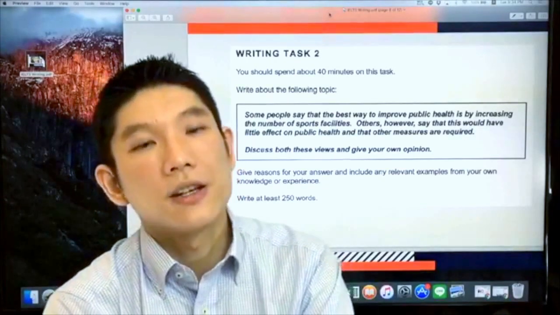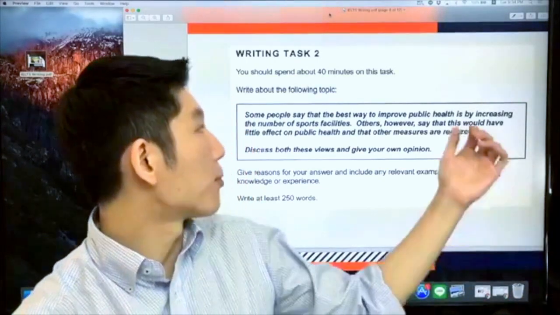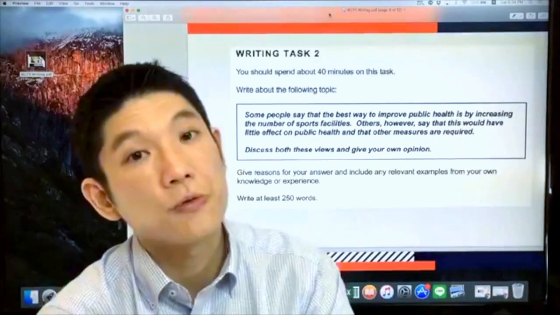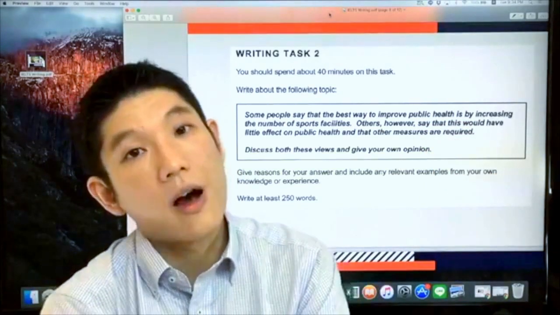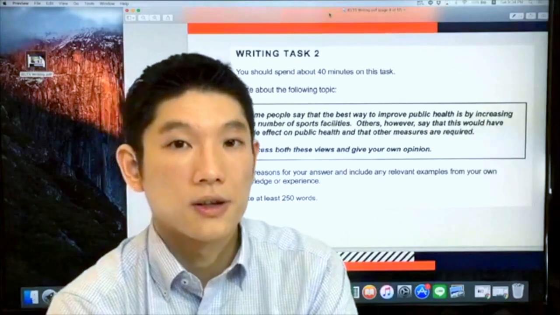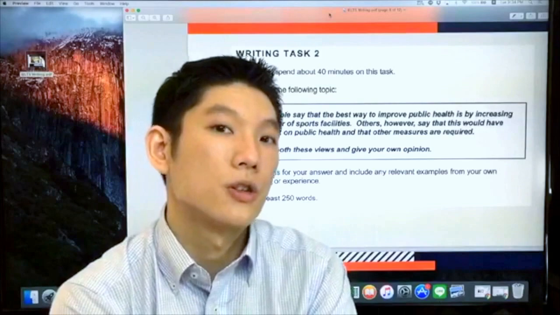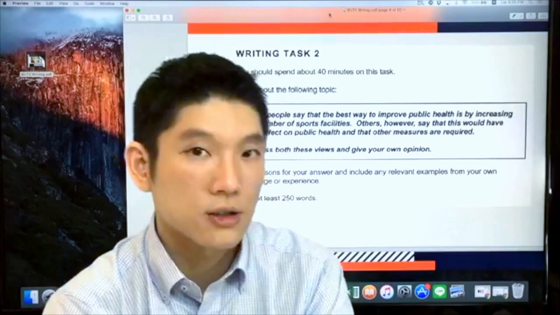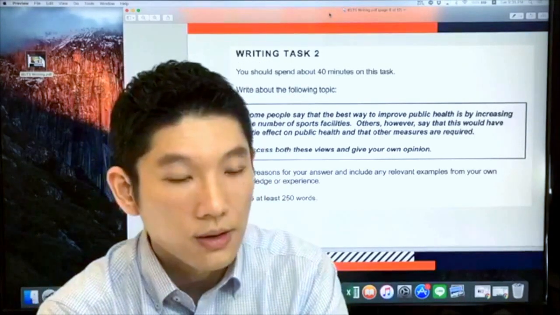However, many students prefer to write task 2 first. I think that's fine, but I think task 1 requires a lot of focus. So I prefer to do it first. Okay, so let's look at task 2.